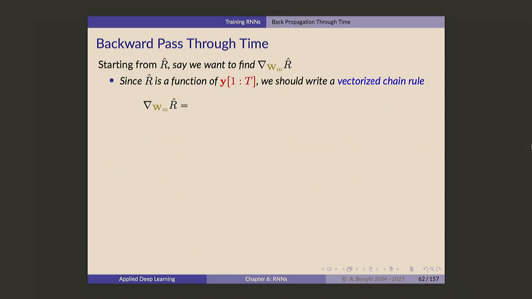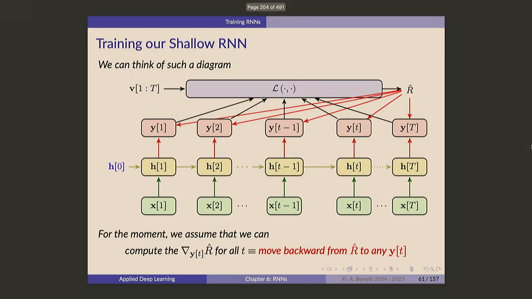So say I want to compute the gradient with respect to weight Wm. How can I do it? Well, the gradient of the loss with respect to the weight. First of all, we do know the gradients up to the outputs, right? So I do know the gradient of loss with respect to the first y and last y, everything.